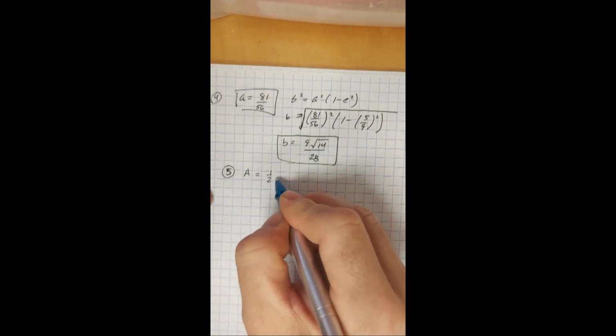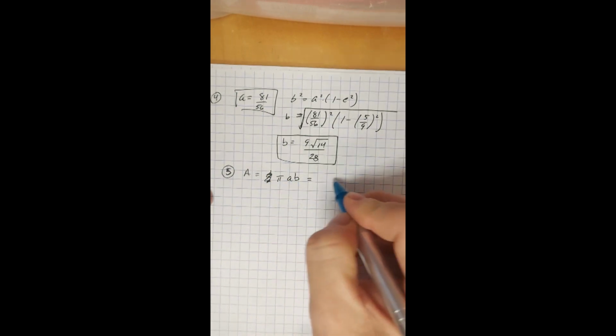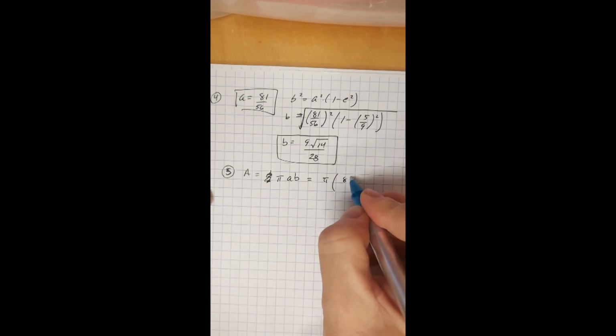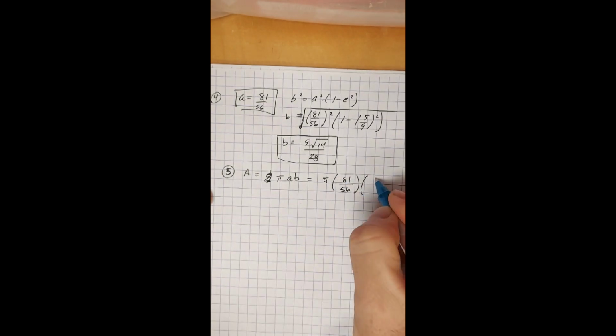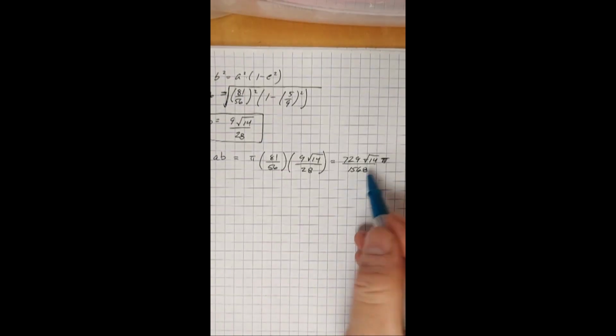The area is equal to, not 1/2, sorry, is equal to pi a b, and so we get pi times 81 over 56 times the 9 square roots of 14 over 28, and this comes out to be 729 square roots of 14 pi divided by 1568. Okay, so that is the area.